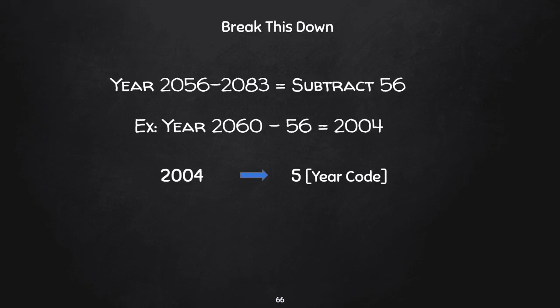However, for year 2060, there is a shortcut that you can use. I have already told you, you can use the pattern of multiples of 12 wherever possible. 60 is a multiple of 12. 12 fives are 60. So you can directly figure out the year code for 2060. The code for 2060 is 5.